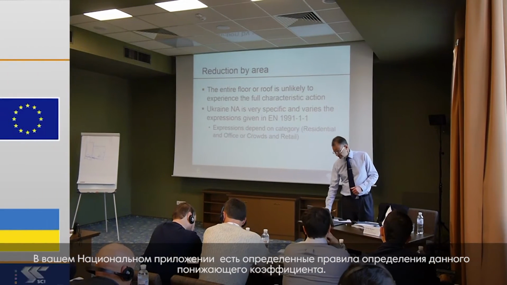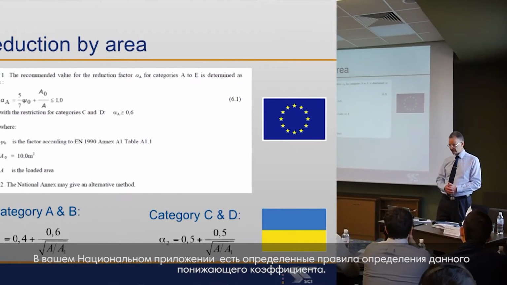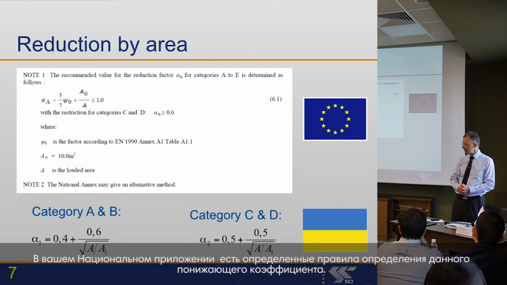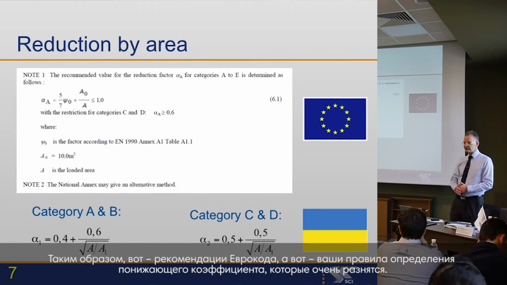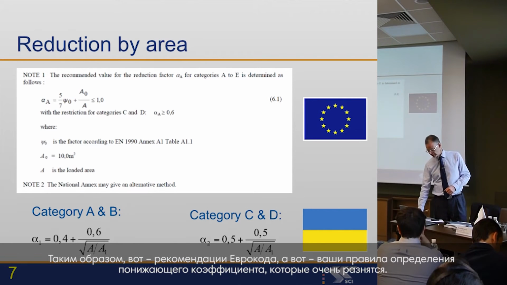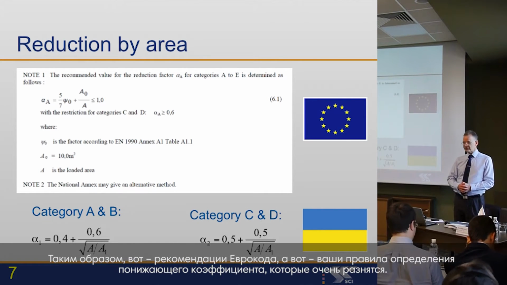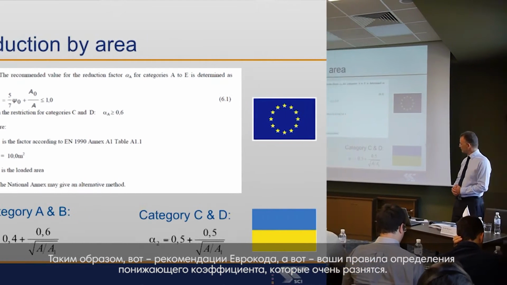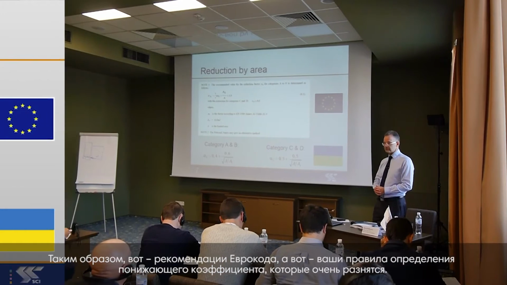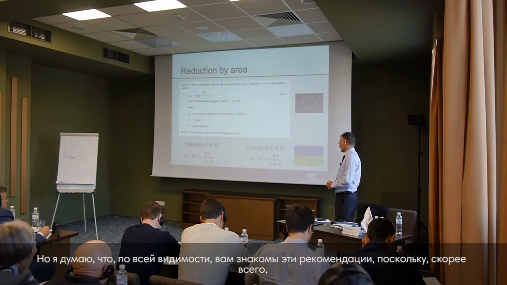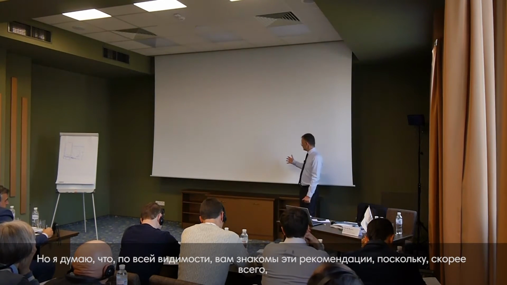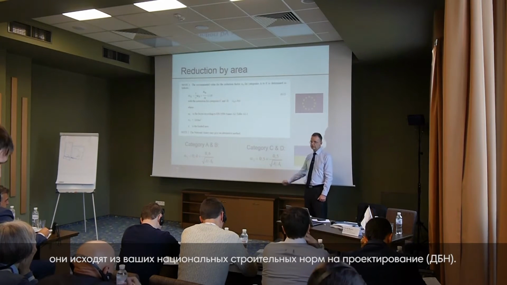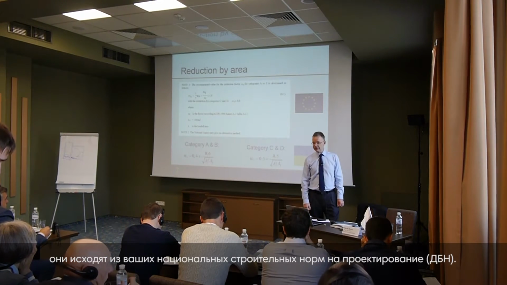You have very specific rules for the application of this reduction factor. So there is the recommendation in the Eurocode. You have some very specific and slightly different reduction factors, and those are those down at the bottom. And I think you would recognise these because these, I think, are out of your previous national standard.